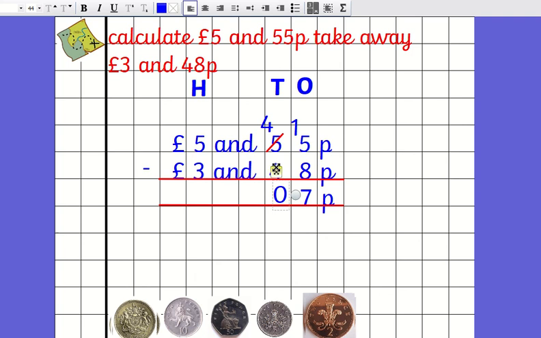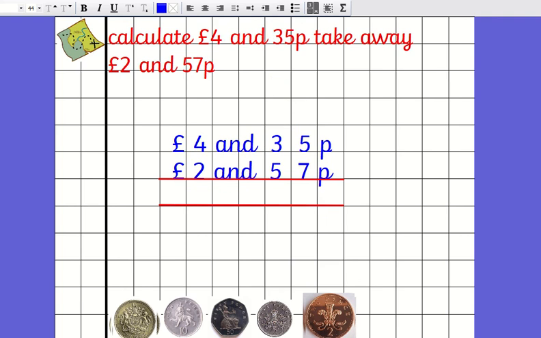It's 0. I'm going to do the and, which is really odd because we're writing backwards. 5 take away 3 is 2. And pop the pound sign in. And it's really, really simple when you do it like that, okay? So £5.55 take away £3.48 is £2.07, because there is nothing in the tens column.